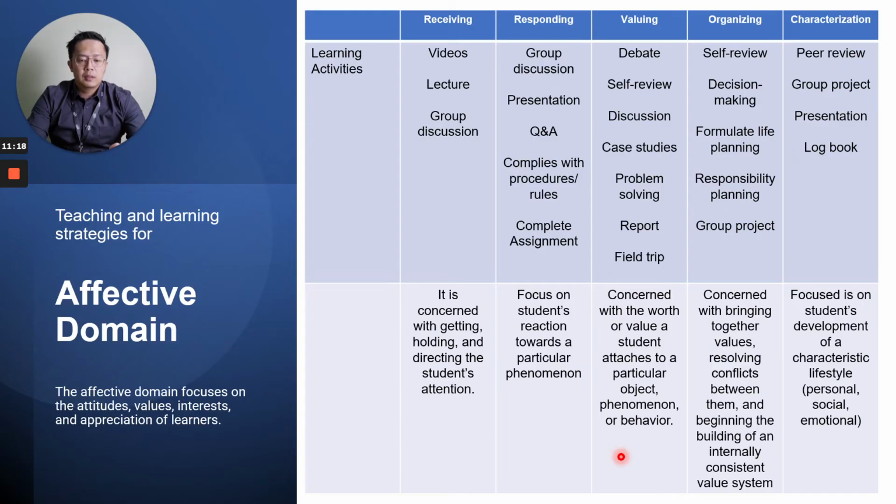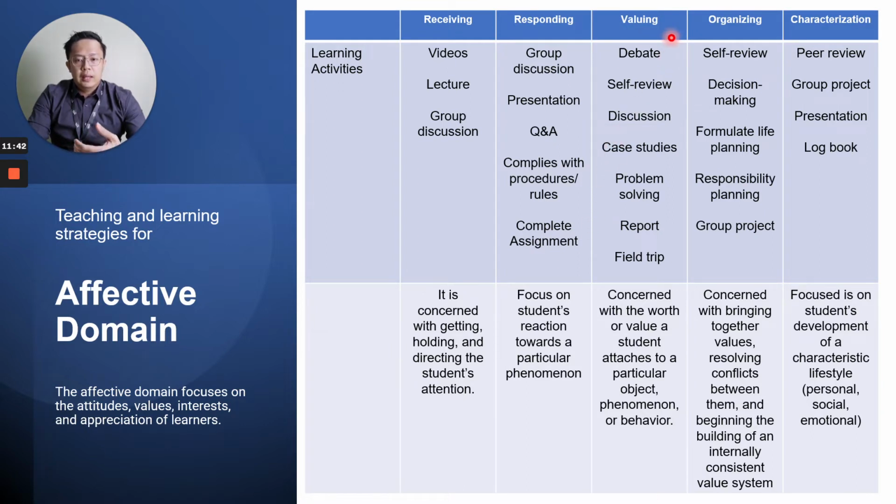Okay. So in order to help you on this, there are some suggested methods if you want to measure the affective domain as well. For example, to measure receiving, you can use a video lecture where the students sit and listen to your lectures, or group discussion. For responding, you can use presentation, Q&A, or whether they complete their assignments or not.